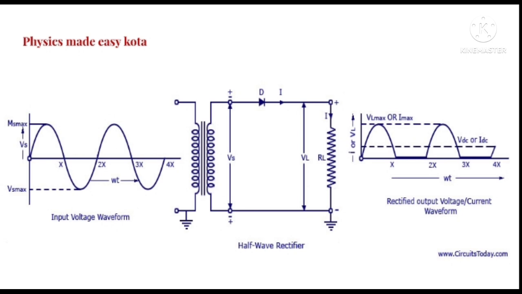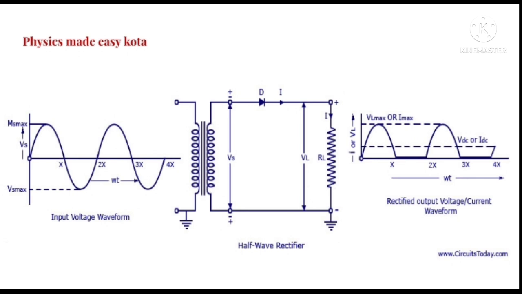For this case, the direction of induced EMF is such that the upper end of the secondary coil becomes negative and the lower end becomes positive. Now the PN junction behaves as reverse biased because the negative end of the coil is connected to the P region and the positive end of the coil is connected to the N region.